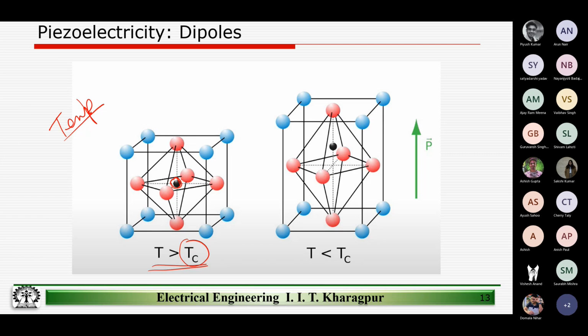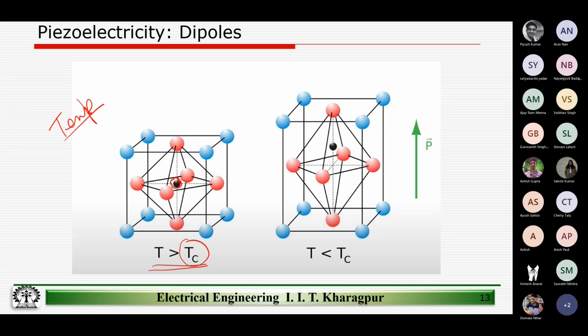In this context, we explained that above the Curie temperature, the dipoles showing up inside the material structure will be non-existent. Whereas below the Curie temperature, we will get an effective dipole moment, which we discussed as the distance between the net positive charge center and the net negative charge center. So the dipole moment will be there if the material is in an environment less than the Curie temperature.